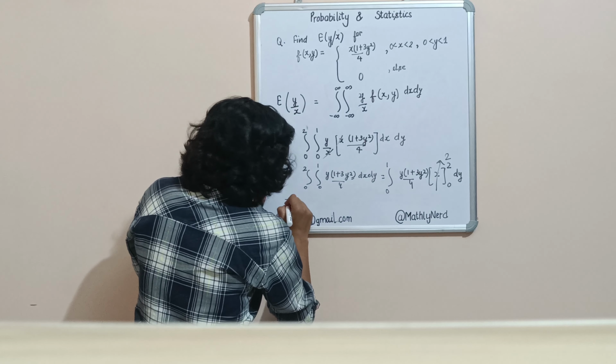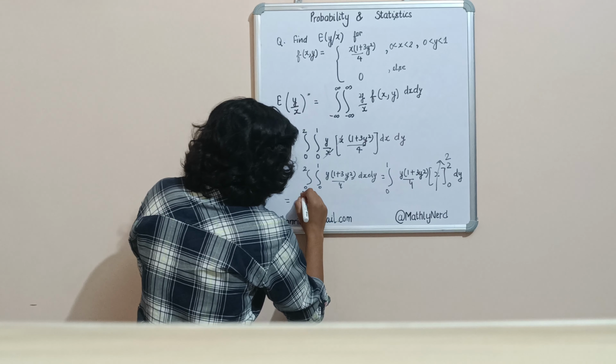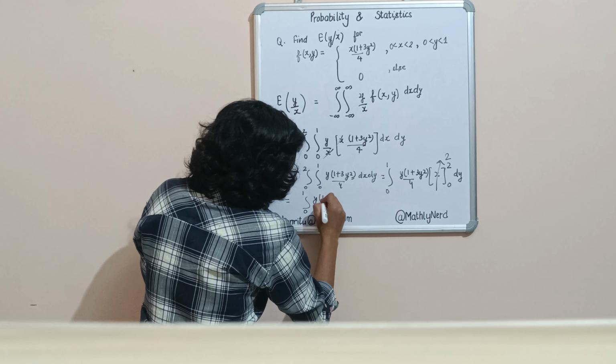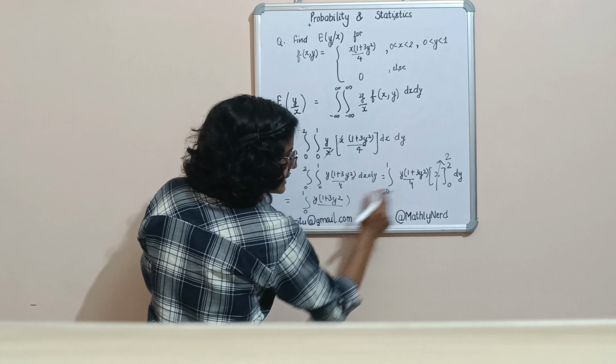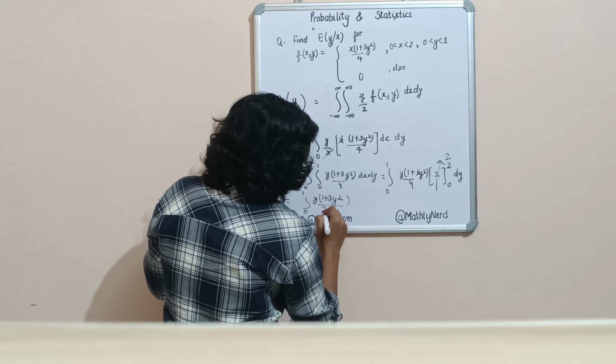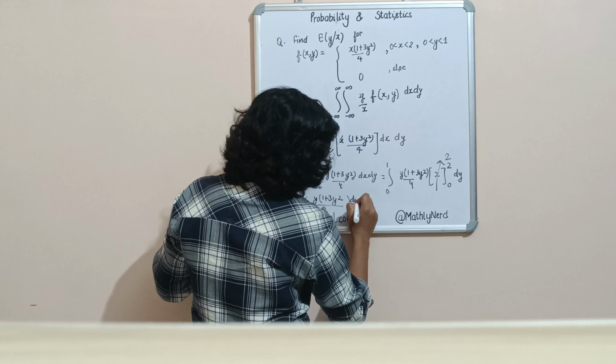So our expression will be the integral from 0 to 1 of y times (1 + 3y²)/4, multiplied by 2, so divided by 2, dy.